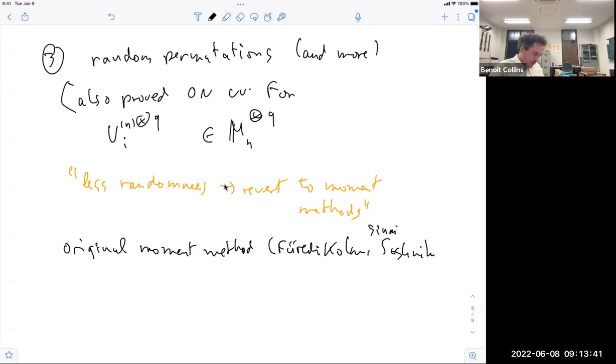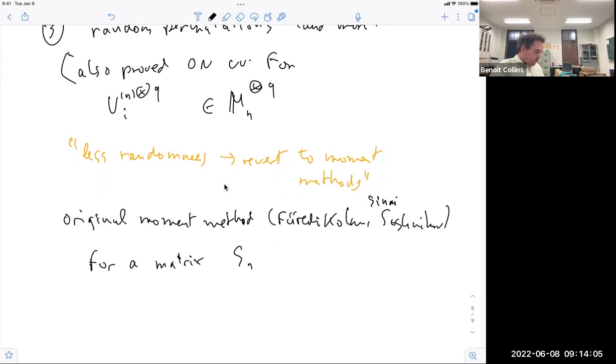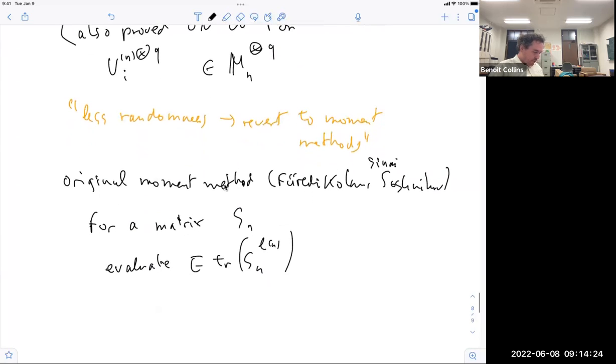The original moment method is to evaluate, for a matrix, also maybe here I could say Sn, just to stick with the Hager Torbenson notation, the expectation of the trace of Sn to some degree L, which would depend on n simultaneously.